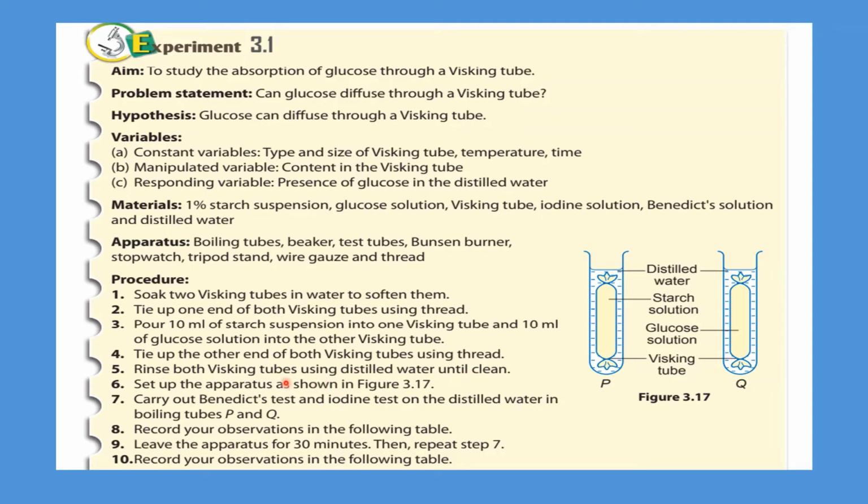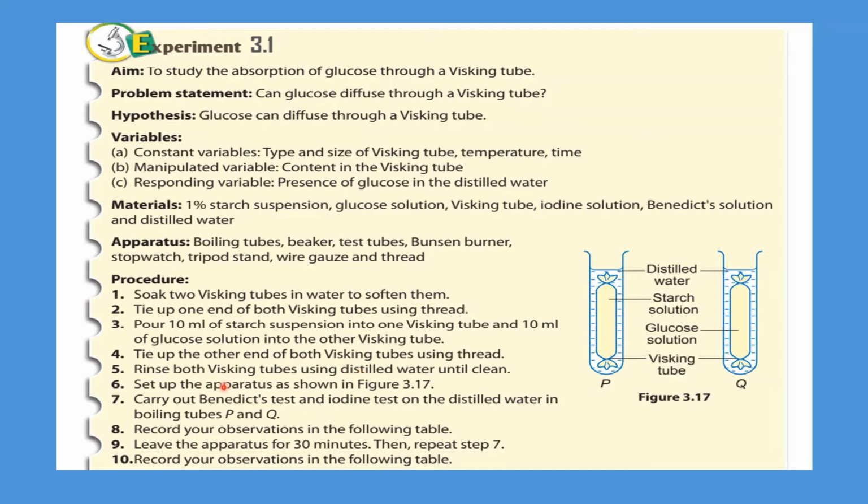You must do this procedure properly. Make sure you tie very tight so the solution will not leak out from both ends of the Visking tube. We only want the molecules of starch or glucose to pass through the membrane of the Visking tube, not from the ends.